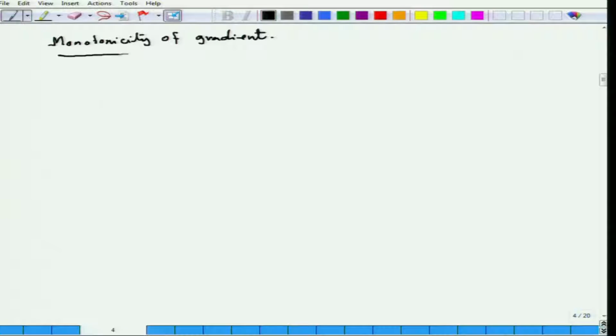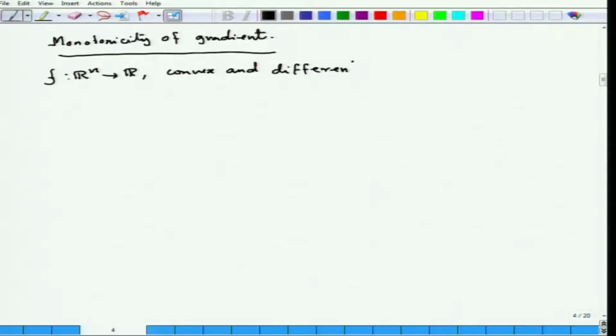Take a convex function f from R n to R which is convex and differentiable. Now, I can take x and y, let me choose x and y, whatever I want.